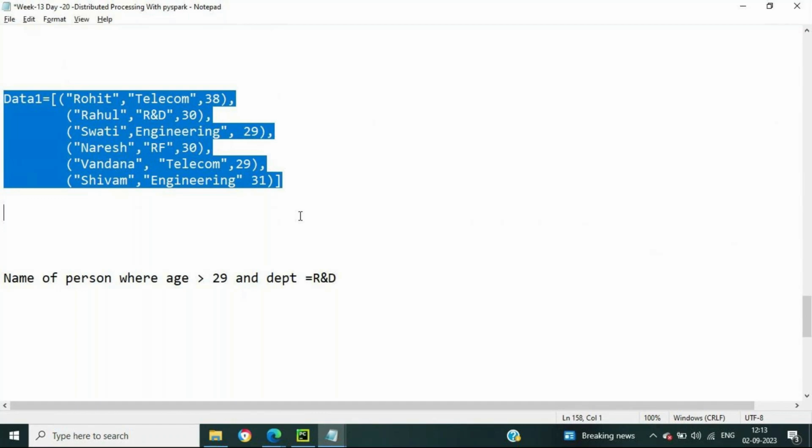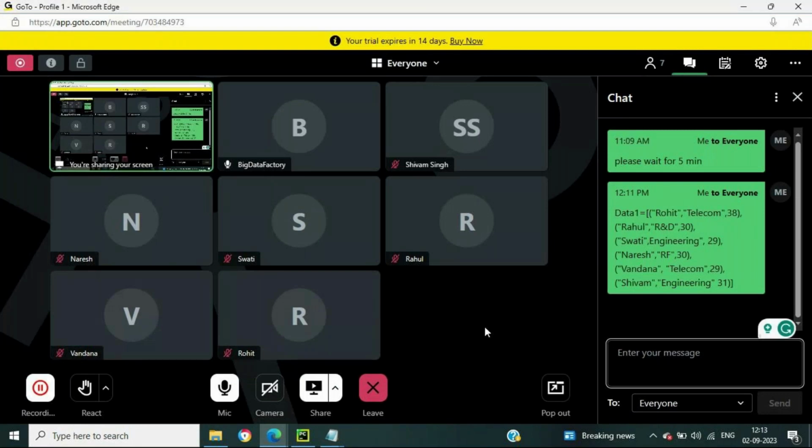Is the problem statement clear? Shivam, Naresh, Swati, Rahul, Vandana, Rohit. Is the problem statement clear?